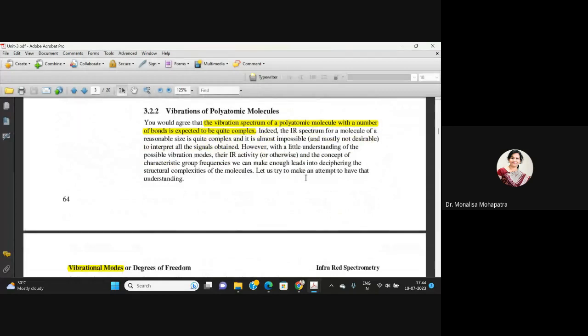Now the vibration of a polyatomic molecule: when it is diatomic, AB type, it is easy. You say it is simple harmonic and all those things. But the vibration spectrum of a polyatomic molecule with a number of bonds is quite complex.